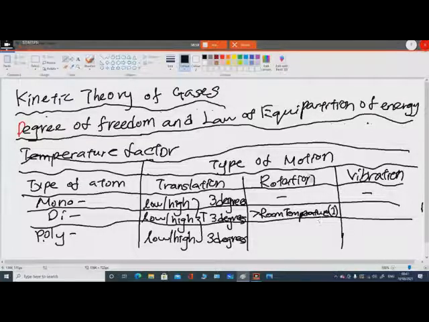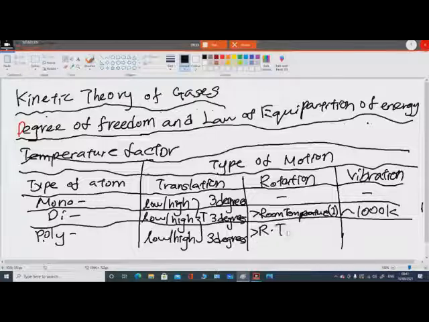As for the vibration, it occurs only if the temperature is about 1000 Kelvin. So this is the condition which must be achieved. In order for the vibration of diatomic to occur, the same goes for the polyatomic, and as the temperature exceeds room temperature, I write it in shortcut.